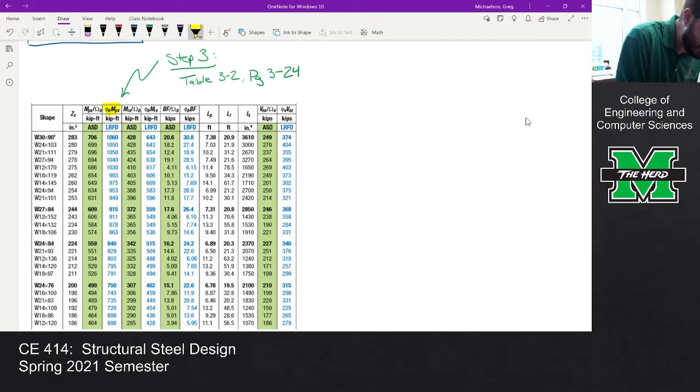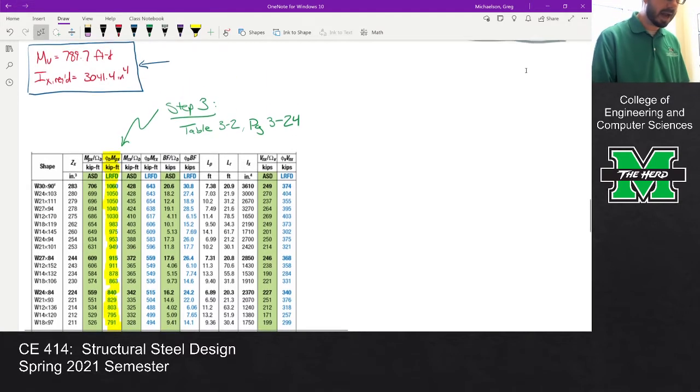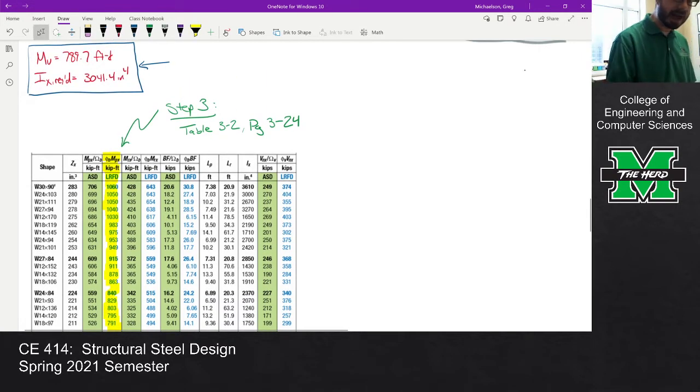So I'm going down this column, and I'm trying to find the lightest shape that has a phi MP greater than or equal to 789.7 foot kips.